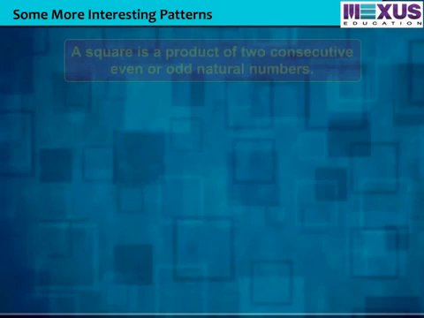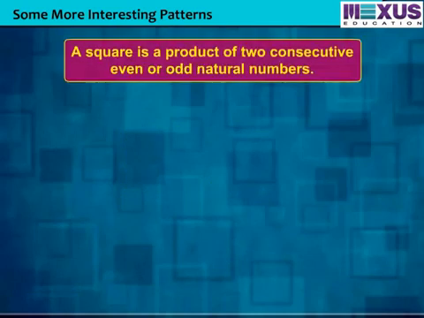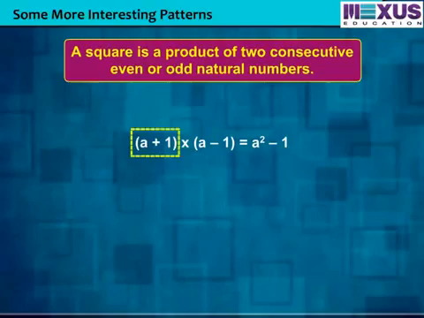Now, we will learn about the next pattern of squares, and that is the product of 2 consecutive even or odd natural numbers gives a square number minus 1. Let us understand the concept using a formula, that is a plus 1 into a minus 1 is equal to a square minus 1.